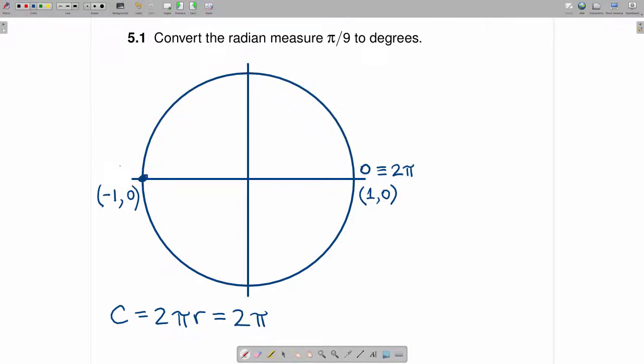So we'll label that angle right there as pi. All of this is to say that pi, measured in radians, is the same as a 180-degree angle measured in degrees.